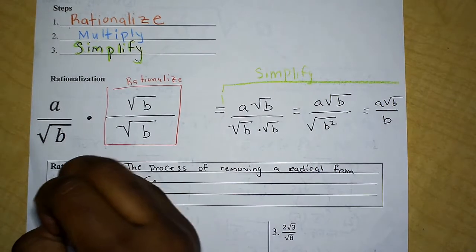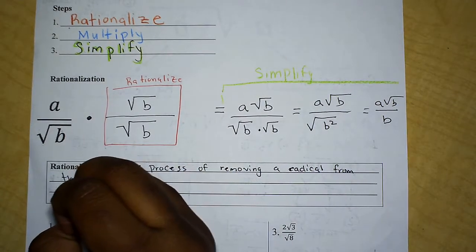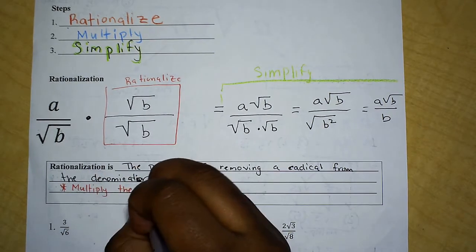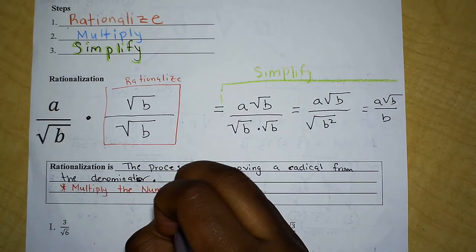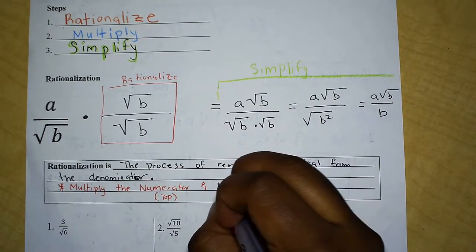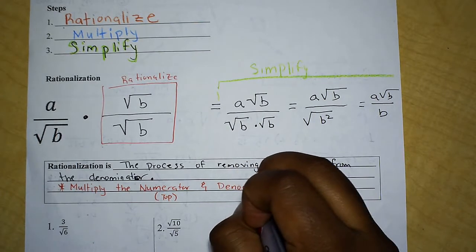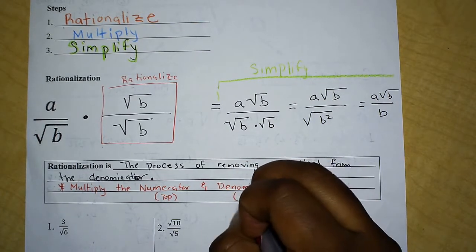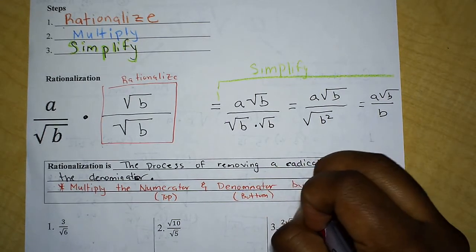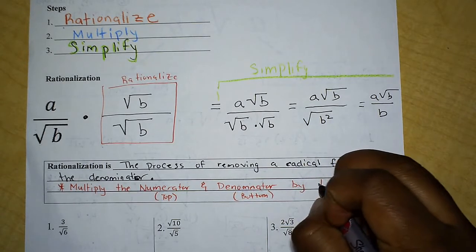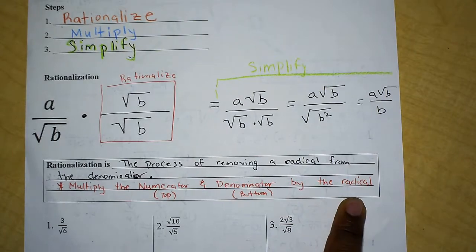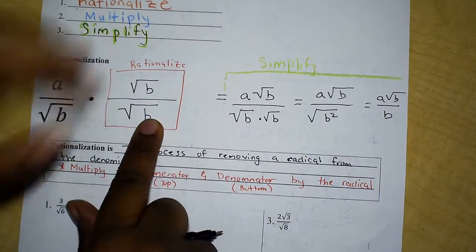All right, so the steps to do that are: you're going to multiply the numerator, that's the top, and the denominator, that's the bottom, by the radical. I get them mixed up sometimes, y'all. All right, so that's basically what we're doing to rationalize.